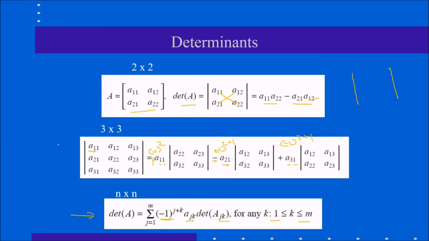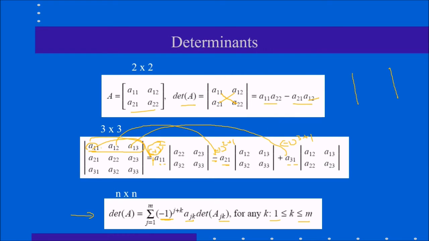So what we are doing is, you can find the determinant with respect to any row and any column. You can take any row or any column and you just have to follow this observation. So if we are taking the first row, we'll place a11 here, a12 here, a13 here.